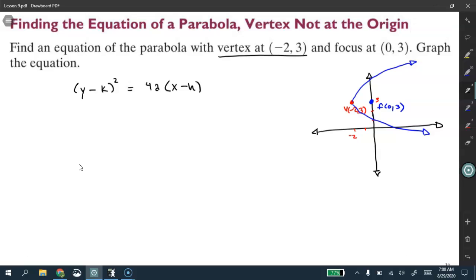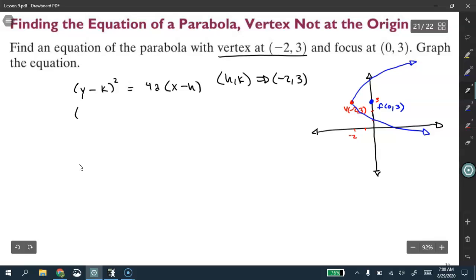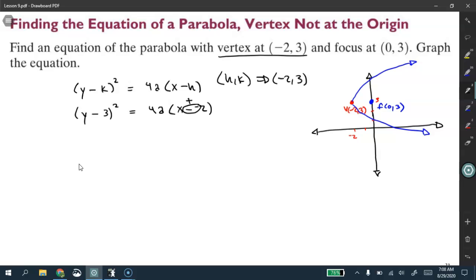The vertex is at negative 2 comma 3, so h comma k is actually negative 2 comma 3. So we're going to write in that negative 2 comma 3. We're going to write down (y minus 3) squared is equal to 4a multiplied by (x minus negative 2). Now notice how the minus and the negative sign will make a plus, and we'll deal with that in a moment. But the last thing that we want to talk about is the value of a, right?